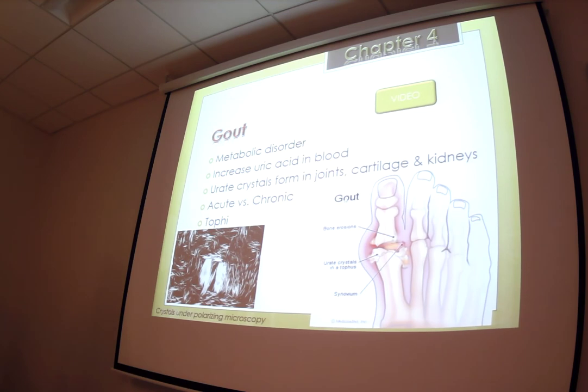So if you remember rheumatoid arthritis, when we took the images, you saw the bumps on the hand and whatnot when the excess fluid was building up. Tophi are kind of the same thing, but with gout, it's actually a buildup of chalky material that then forms those lumps.